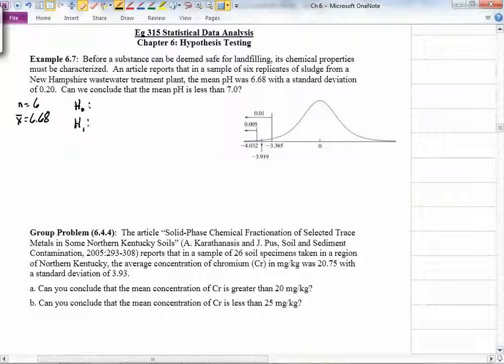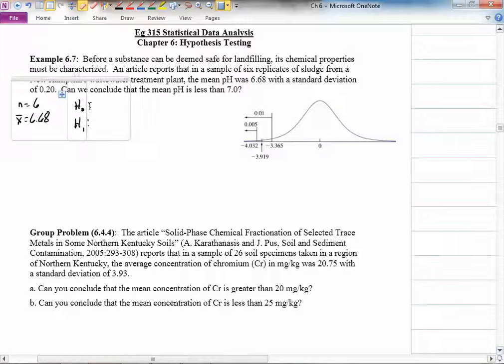First step is to set up our null and alternative hypothesis. And now we're saying this is based on mu, the population mean pH. You could think of it as what's the true pH value of this stuff. So now we have some choice here, and this is where it can be a little bit tricky.